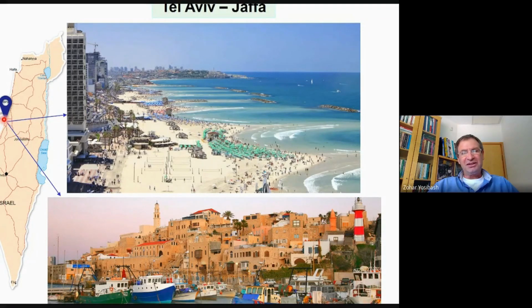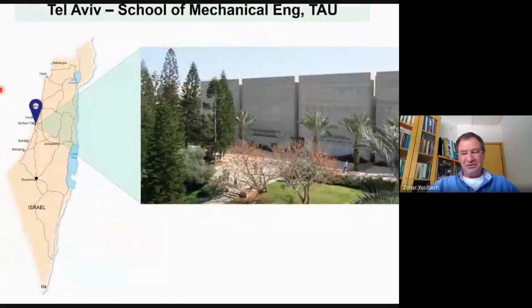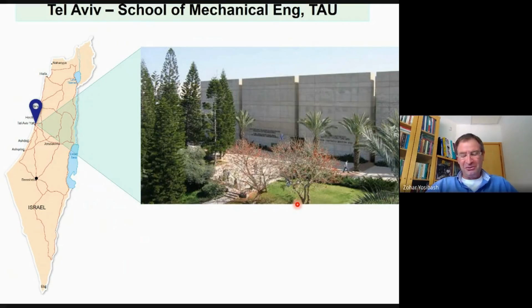This is where Tel Aviv is located along the Mediterranean Sea. And in the city of Tel Aviv, there is a university called Tel Aviv University. You can see the building, and I would say that this is how it looks right now because there are not that many people around. I'm not there, I'm at home at the moment.